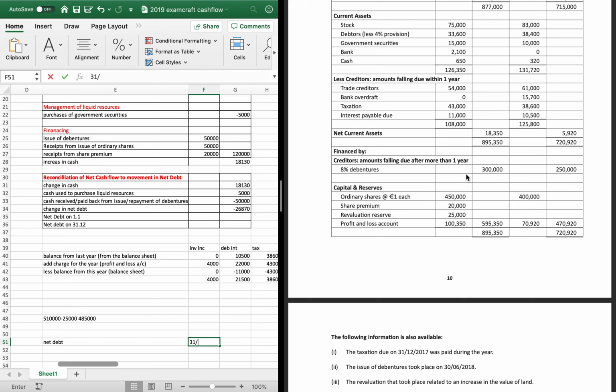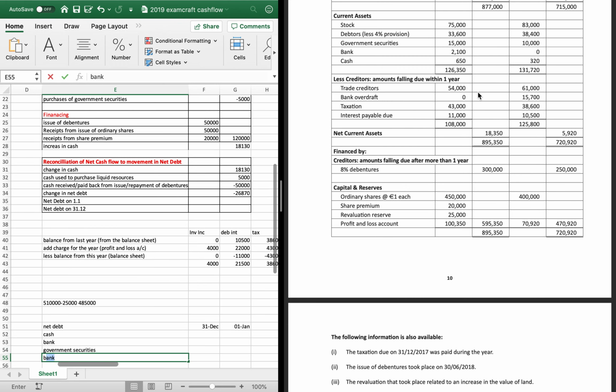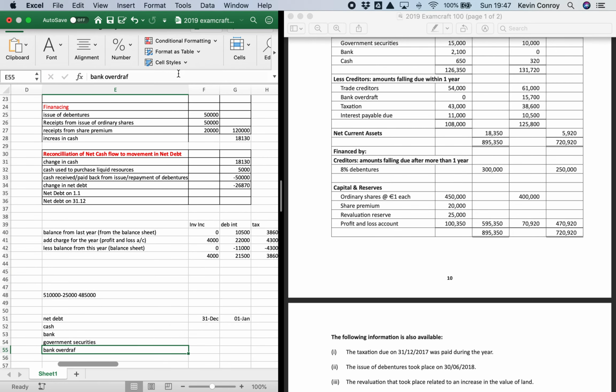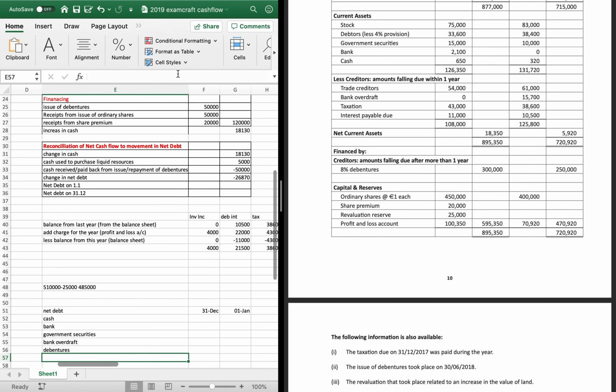Net debt at the end of the year versus net debt at the start of the year. So net debt is made up of cash, bank, and government securities as your positives, and bank overdraft and debentures as your negatives. So cash, bank, and government securities go in as positives.